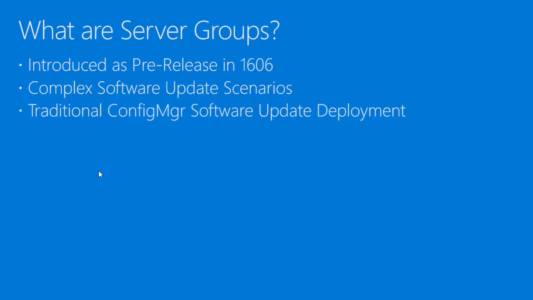Or maybe a medical scenario where you have to make sure that you have a certain number of systems of a certain type available and only update a certain portion of them, right? And there are many other examples you could probably throw in here. So another question that sometimes comes up is what are server groups used to manage?